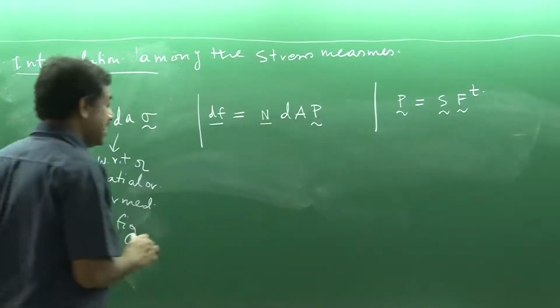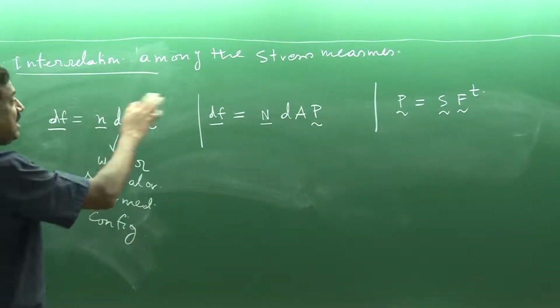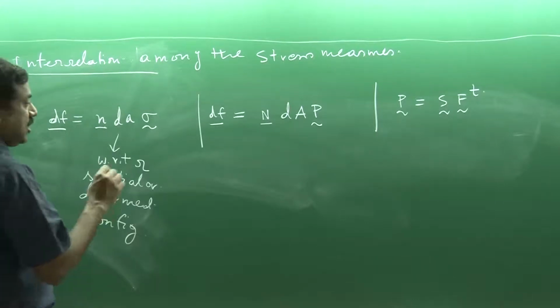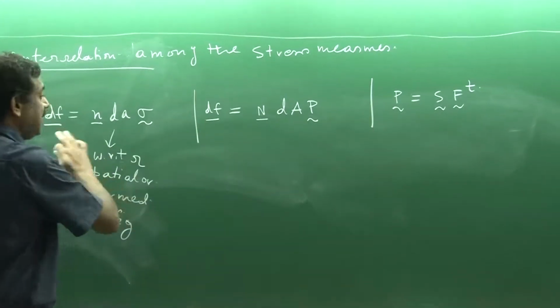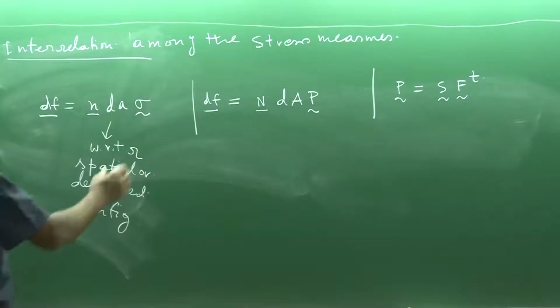Now, how can we interrelate the stress measures? Mind that in order to relate them, the right hand sides of df bar are equal, so we can equate these two.